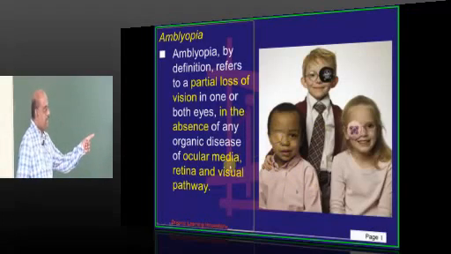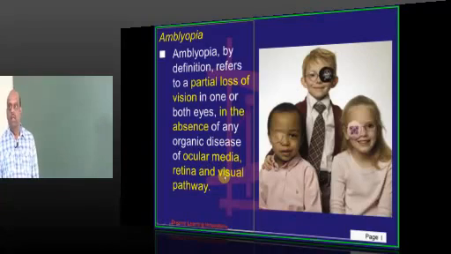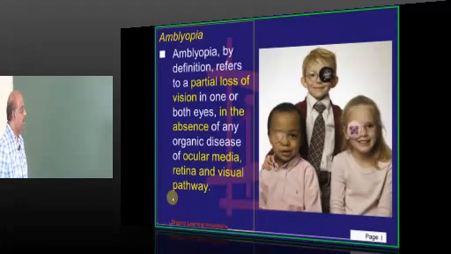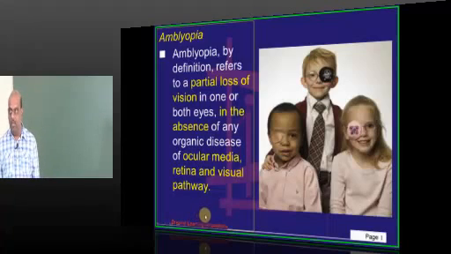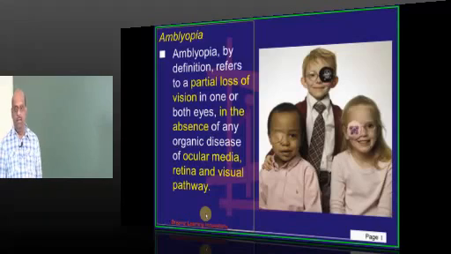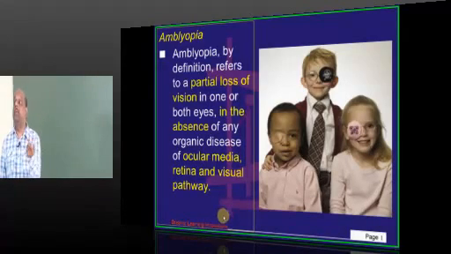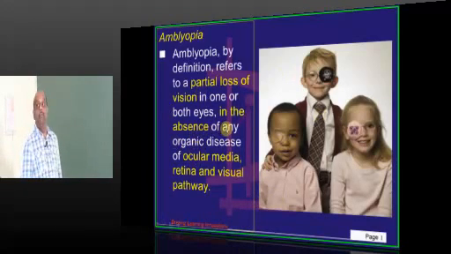In the absence of any organic disease in ocular media, if I have retinopathy and am unable to see, you don't call it amblyopia. And there is no organic disease in the visual pathway. My optic chiasma, lateral geniculate body, everything should be normal. In spite of all that, if I am unable to perceive an image, then you call it amblyopia.